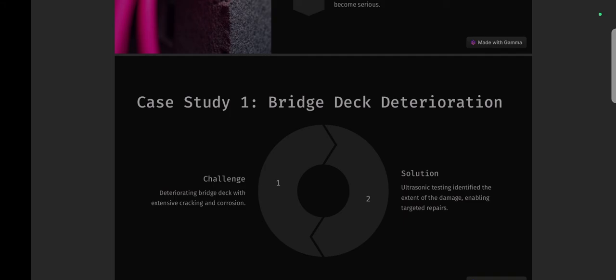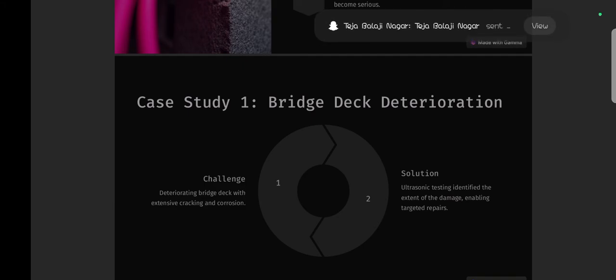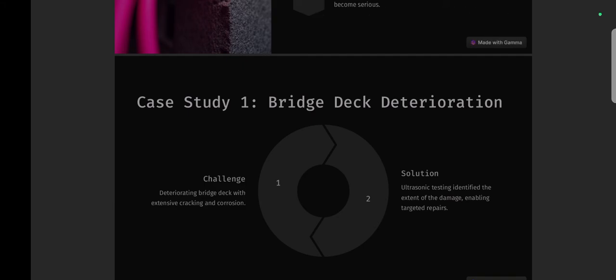And next, freeze thaw cycles. In colder climates, repeated freeze thaw cycles can cause moisture trapped in the concrete to freeze and expand. This leads to internal cracking and scaling of the concrete. And next, traffic loads and fatigue.